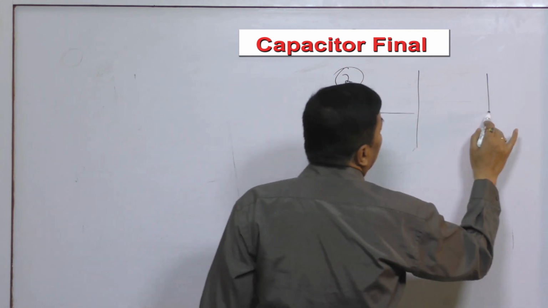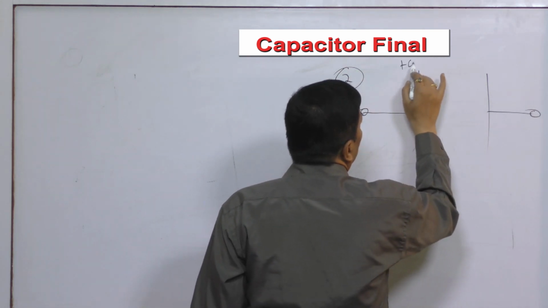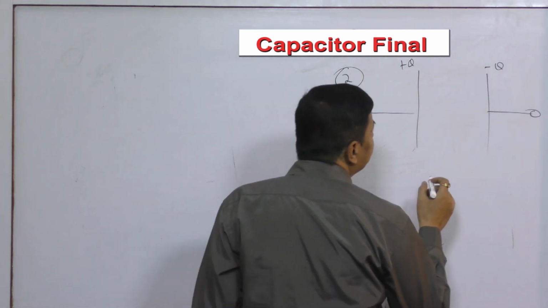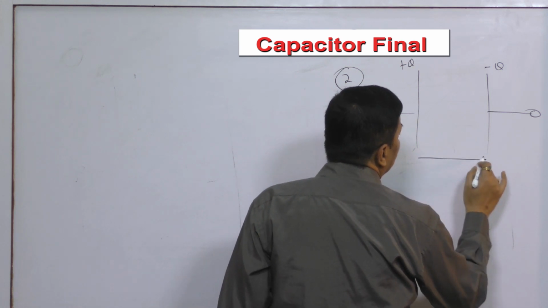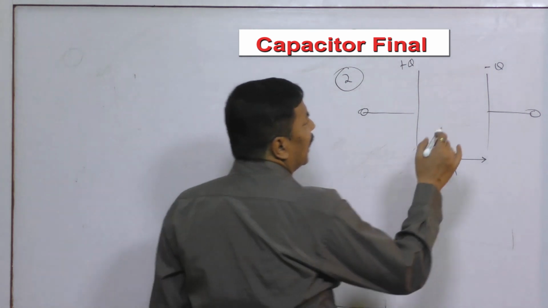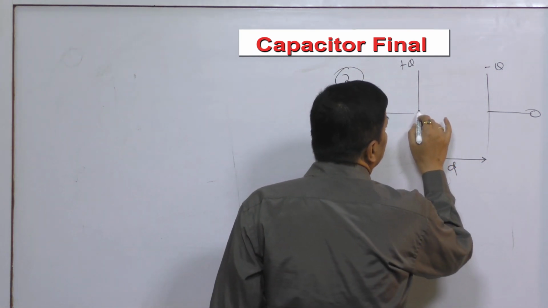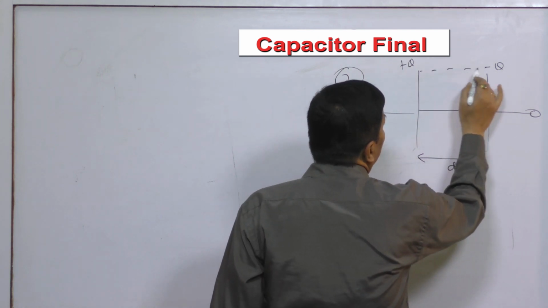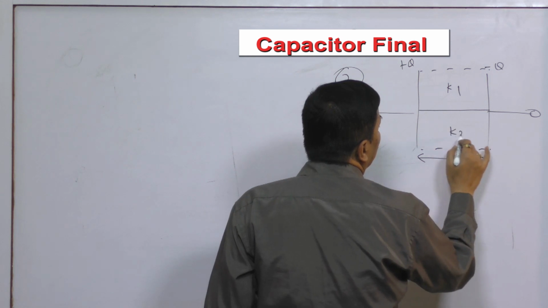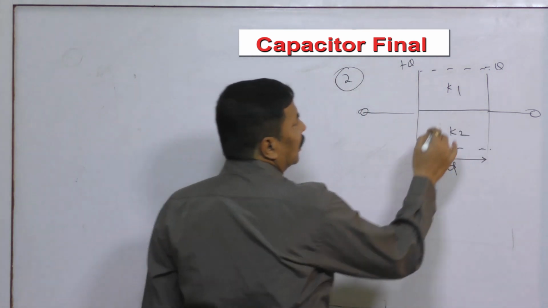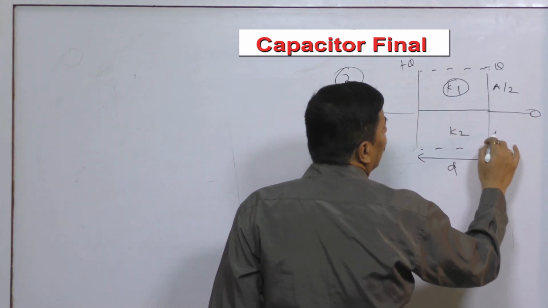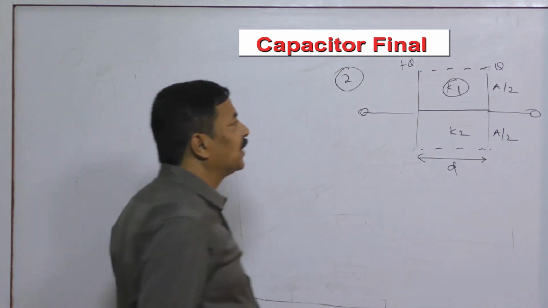This is your parallel plate capacitor, plus Q, minus Q. Plate separation is D, same, and plate area is A, but this time it is filled symmetrically with dielectric K1 and dielectric K2. So here area becomes A by 2, here area becomes A by 2, D remains the same.